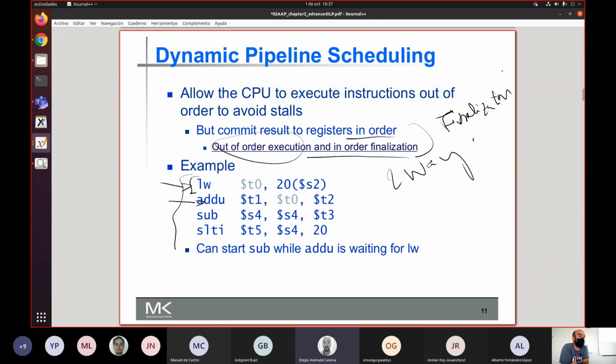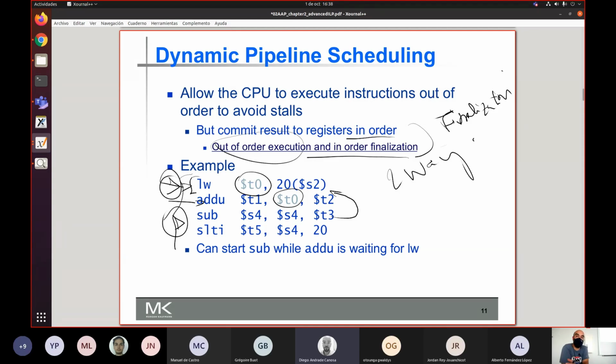A hazard because this instruction is going to load a value from memory that is going to be used by this other instruction, okay? So the next candidate is the subtraction, okay? And the subtraction doesn't have any dependencies with respect to the load operation, so it can be executed concurrently at the same time. And this is an example of out of order execution that happens because of a dynamic multiple issue processor. Okay, this is the idea.